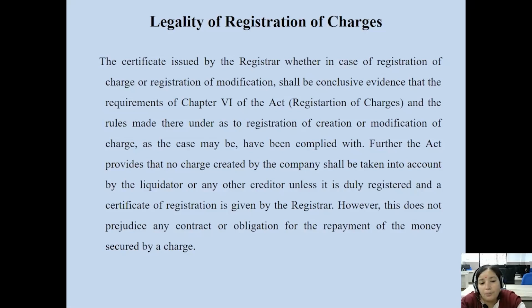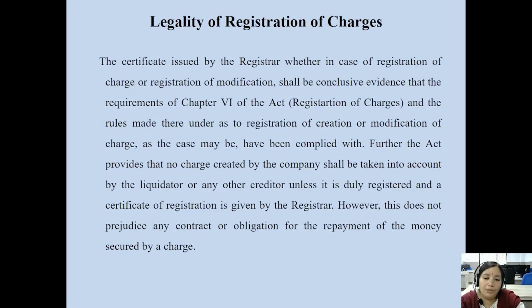So the Act provides that no charge created by the company shall be taken into account by the official liquidator of the company, or any other creditors of the company, unless it is duly registered. That makes your charge valid. You can enforce it in the court of law.